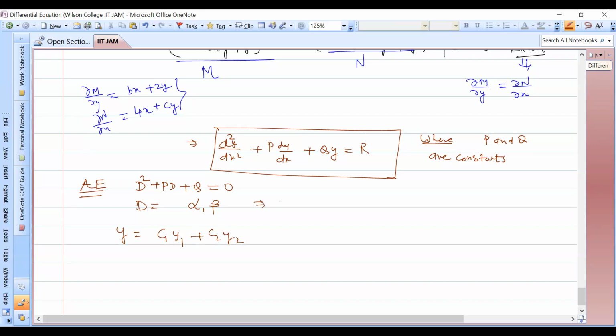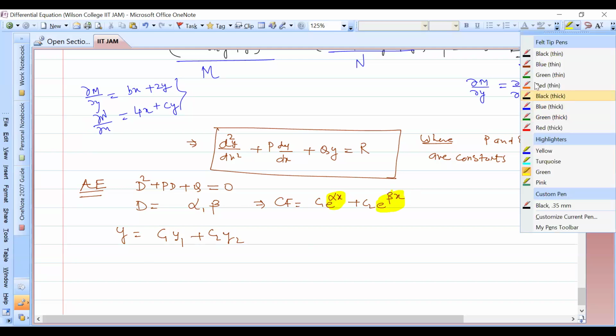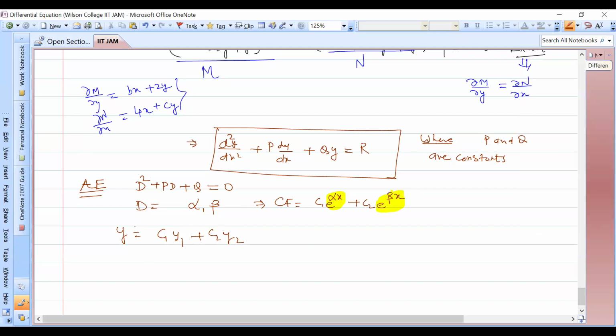Your solution, the complementary function, is c1 e raised to alpha x plus c2 e raised to beta x, and e raised to alpha x and beta x are nothing but y1 and y2.